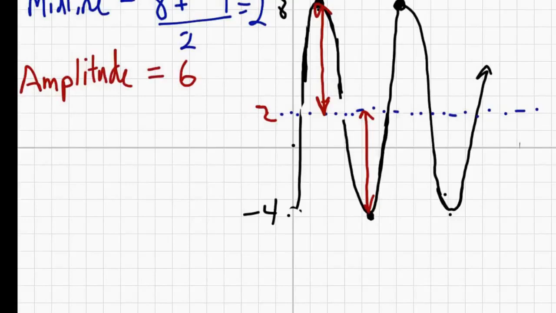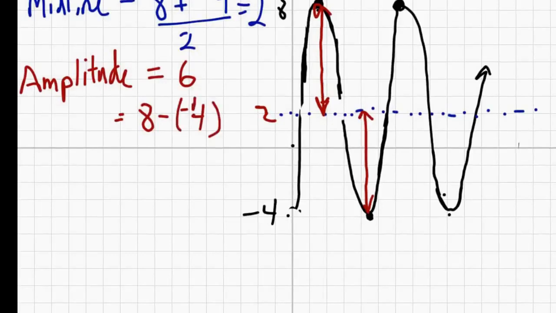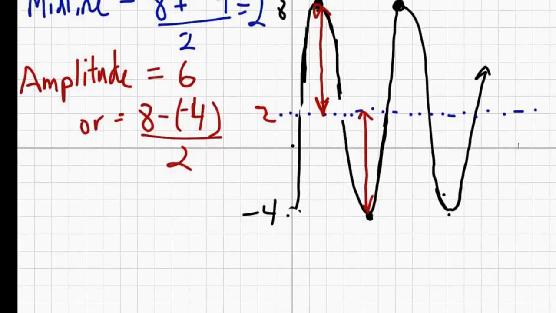There's also a formula way: the highest spot minus the lowest spot, just like we did the midline except it's a subtraction instead of adding, and then divide by 2. So 8 minus -4 gives us plus 12, divided by 2, which is 6. Either way, use the diagram, common sense, or the formula, whichever.